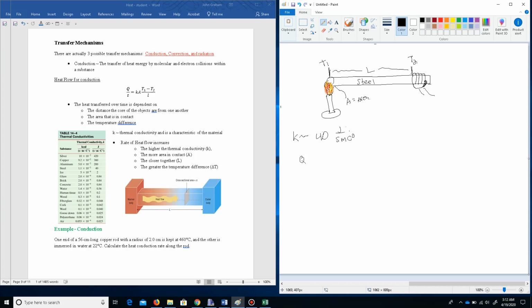This is how much heat over time, so it's heat per time. And so Q over T equals K A (T1 minus T2) over L.